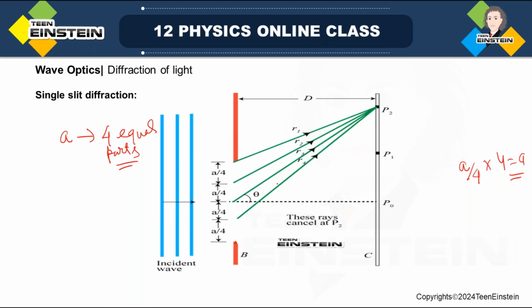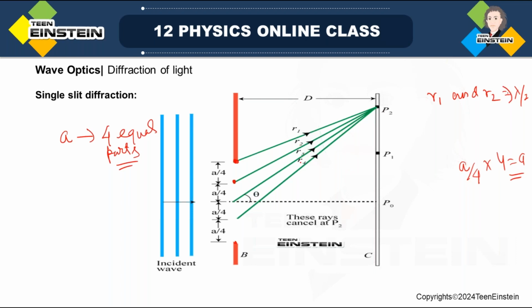See what will happen. If I say this is the top point in the first half, and the extreme point in that half itself, then R1 and R2 will have path difference lambda by 2.